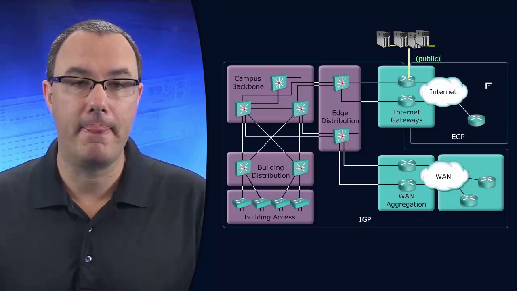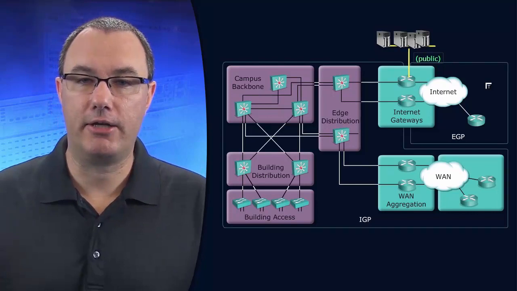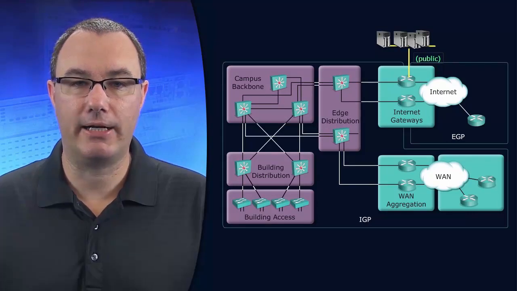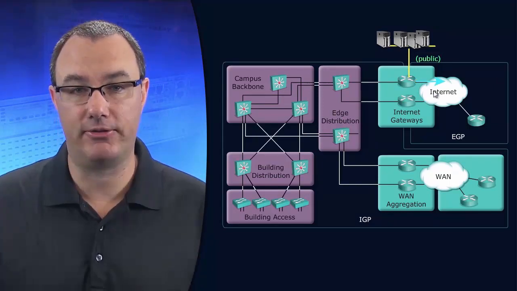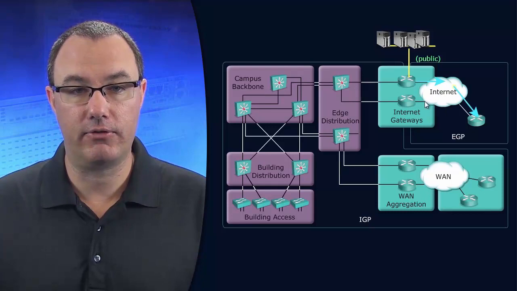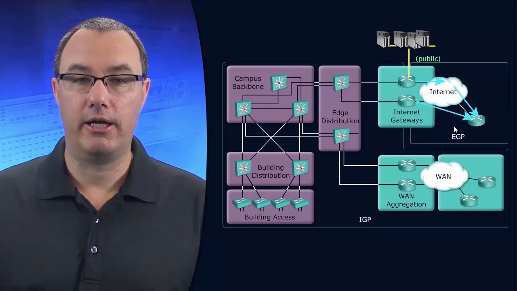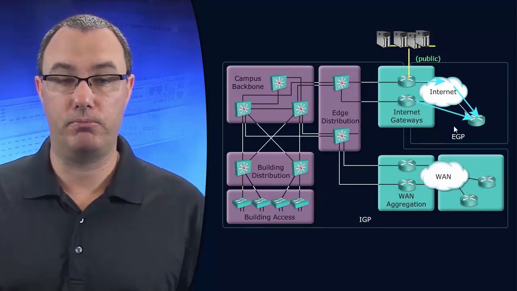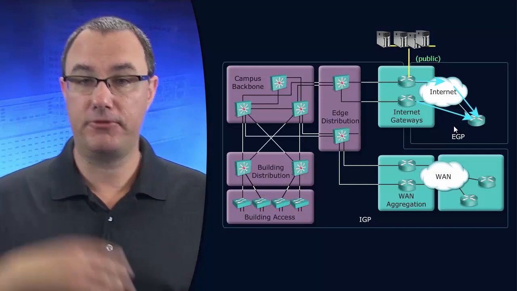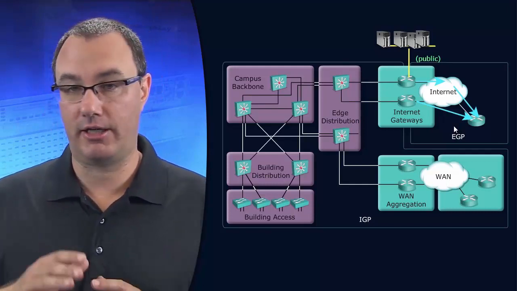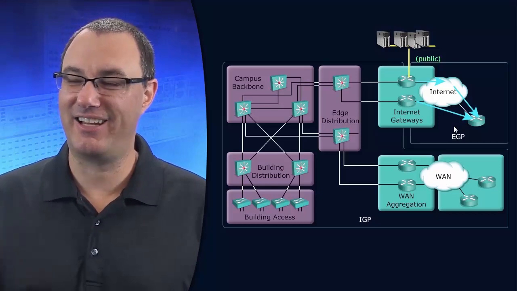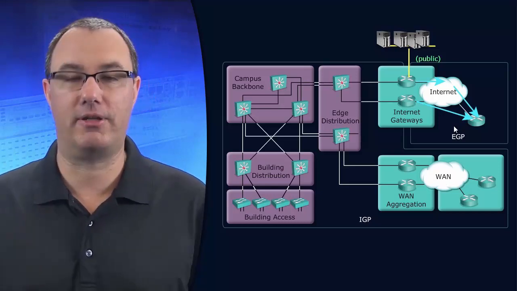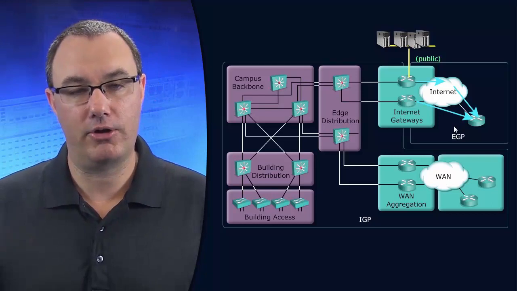And so we've got that public address space, and I want to advertise that through the cloud to other routers on the internet. That's what an EGP is going to do. It's going to advertise that there, and we'll also be able to receive the subnets of the internet. We're talking tens of thousands of subnets on the internet. I think it's like 140,000, something like that. You can look at a calculator or counter.